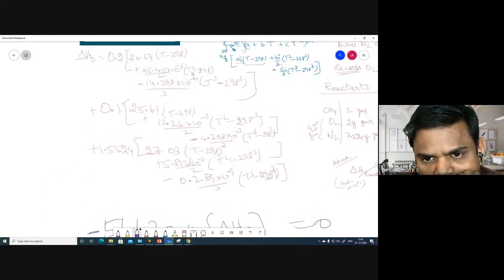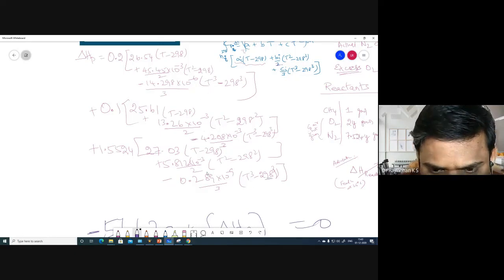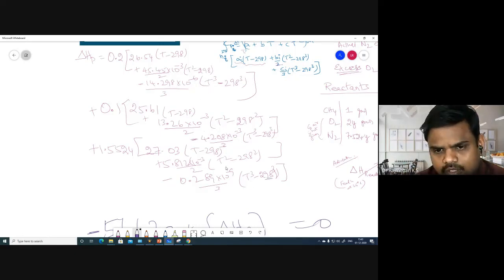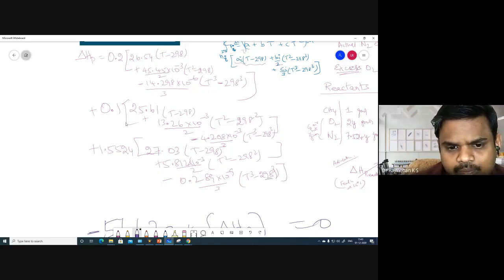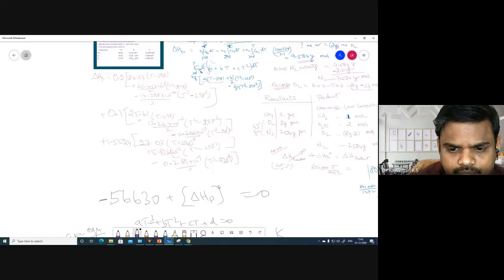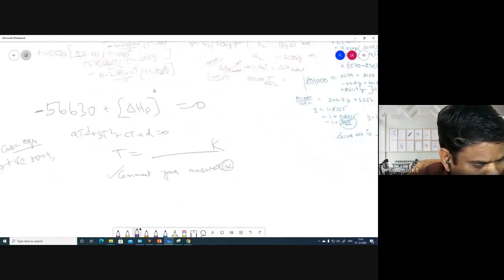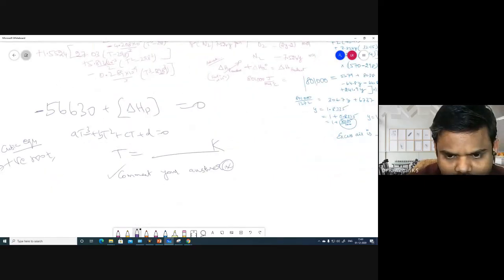There is one T term here, one here, one here, so take them out commonly. Similarly, there are three T square terms and three T cube terms. Club them together, sum them, take the coefficients and solve the problem. You should get a value between 1000 and 1200.